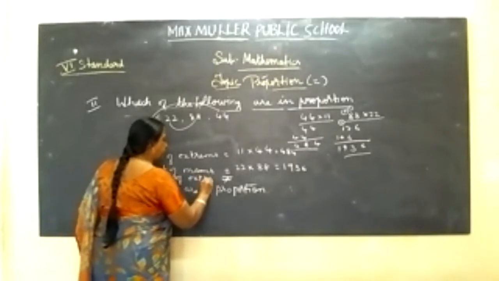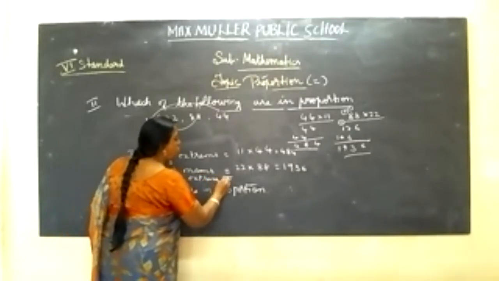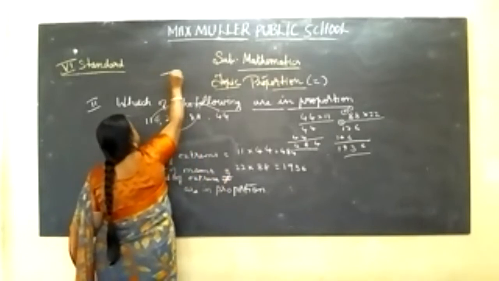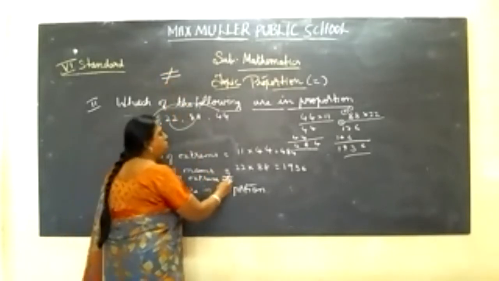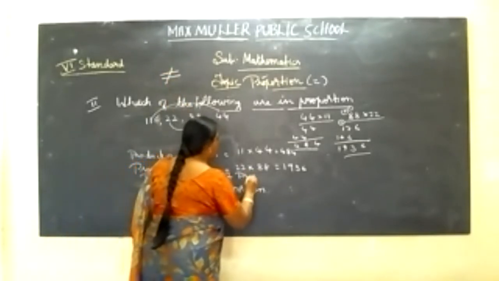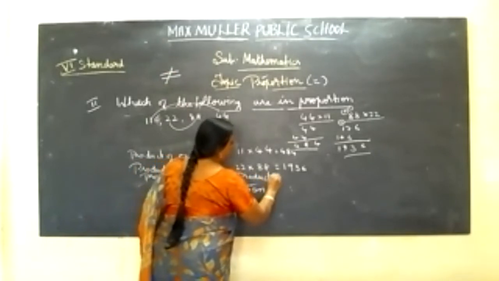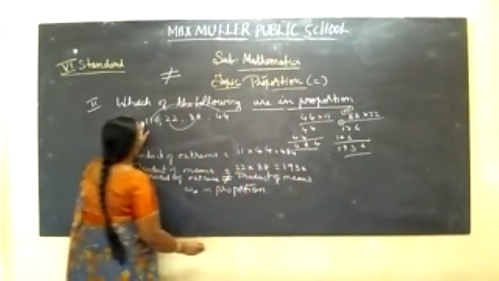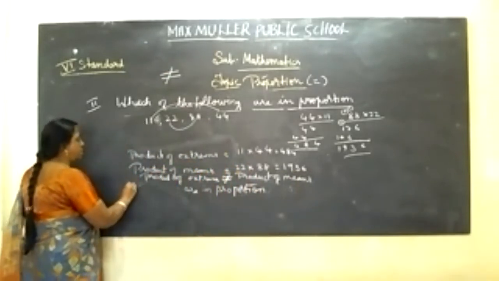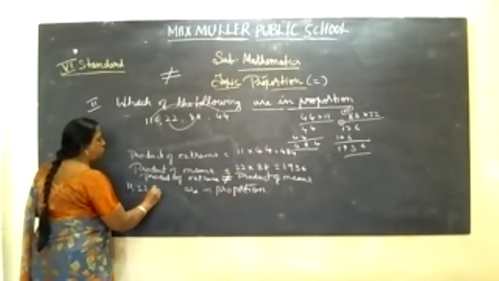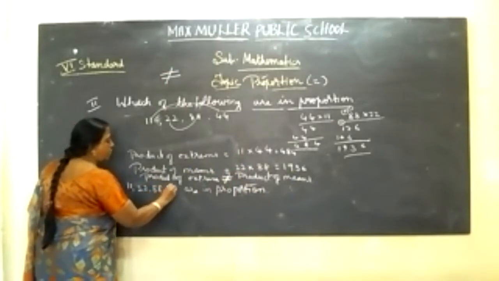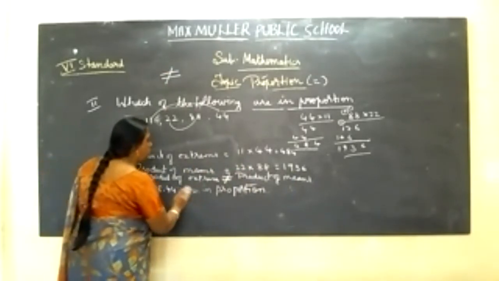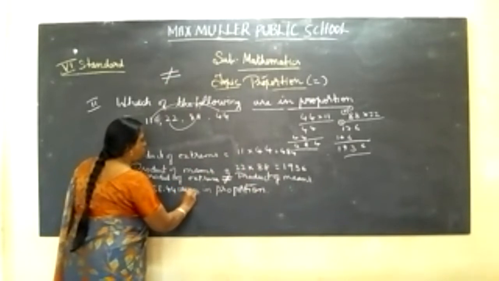Since these numbers are not in proportion, 11, 22, 88 and 44 are not in proportion.